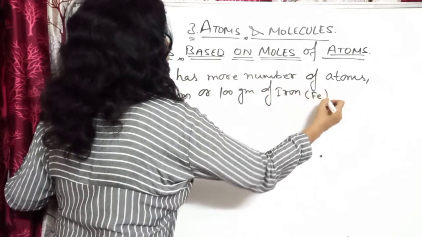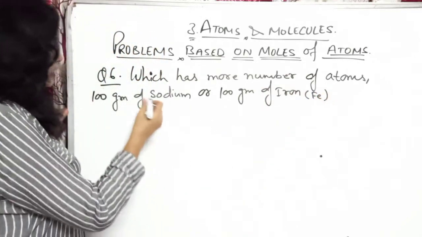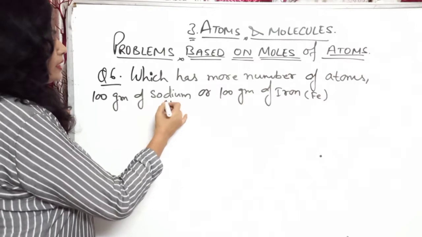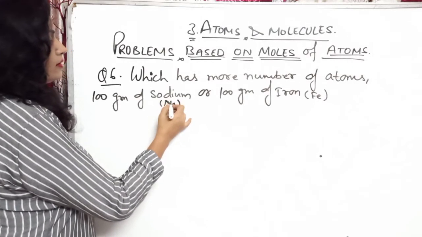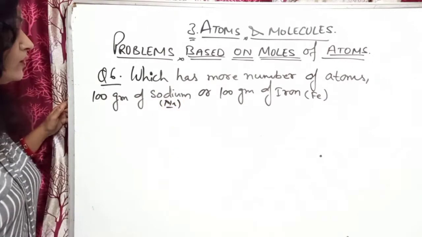Iron has the symbol Fe, capital F and small e, and the symbol of sodium is capital N and small a. So, this is the symbol of sodium.